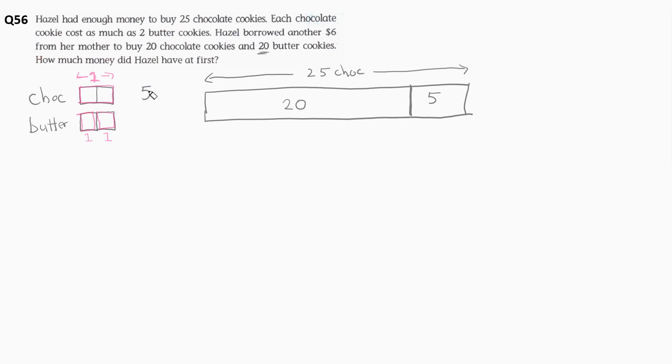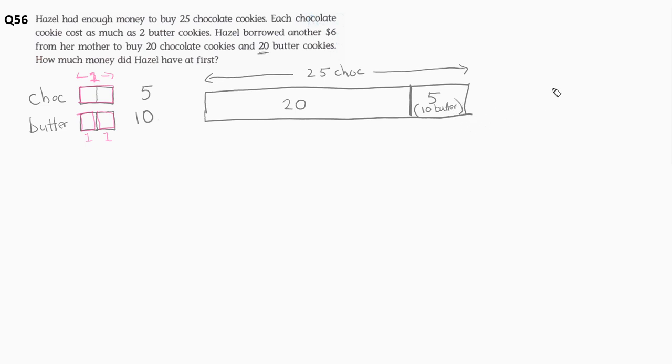So 5 chocolate cookies is the same as the cost of 10 butter cookies. So if you're following me, as I said, she had enough money to buy 25 chocolate cookies. She only bought 20 chocolate cookies. And with the money that she could have used to buy 5 chocolate cookies, instead she got, I'm going to put it in brackets here, 10 butter cookies.